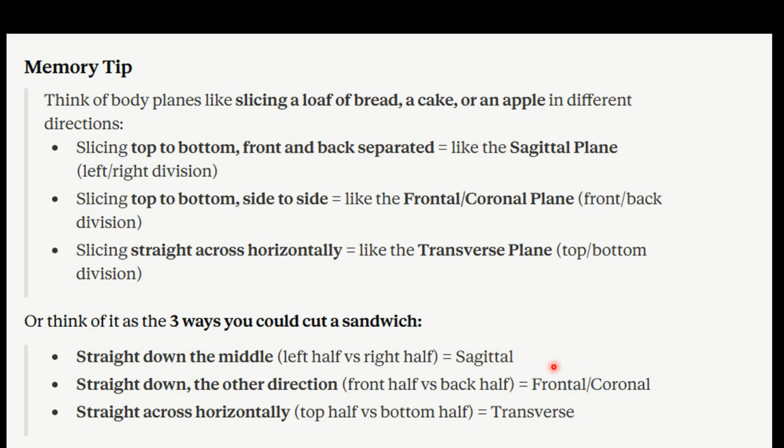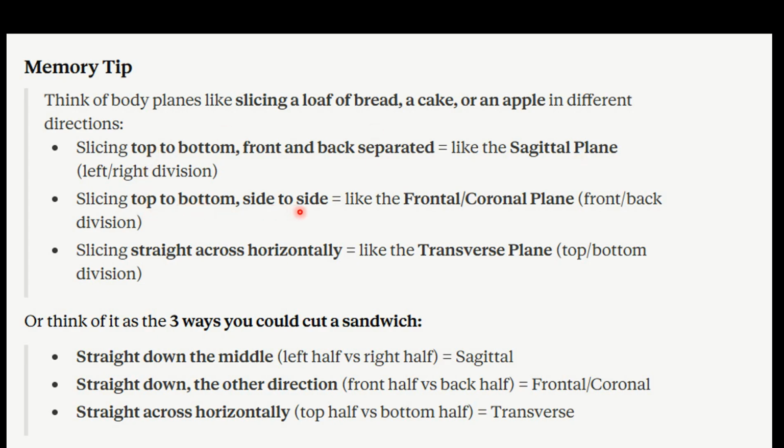Now the question comes: how will you remember all these things? There is a very simple way. Just imagine the body like slicing a loaf of bread, a cake, or an apple in different directions. Slicing top to bottom, front and back separated, is like the sagittal plane.